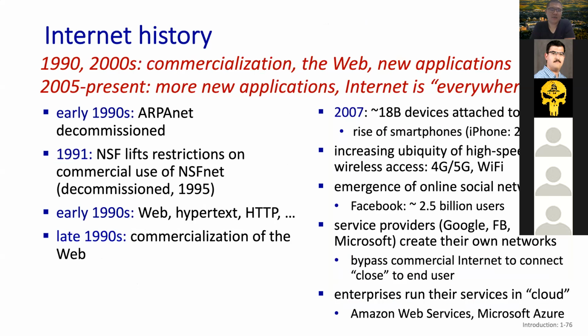And from 1990, the ARPANET network was decommissioned, so people are not using that anymore. But a new network has been appearing. NSF lifted the restriction on the commercial use of NSFNet, though it was decommissioned in 1995.